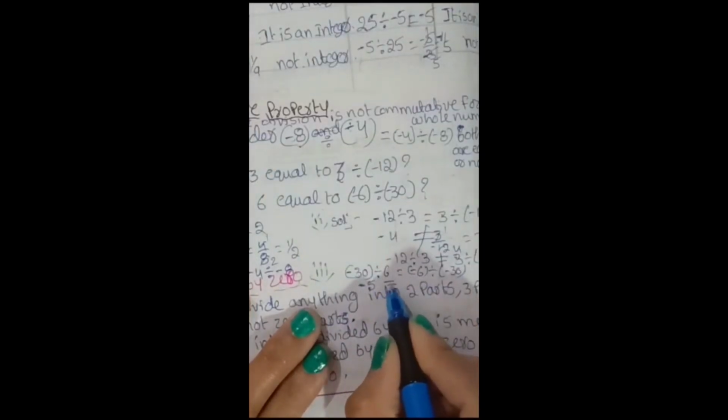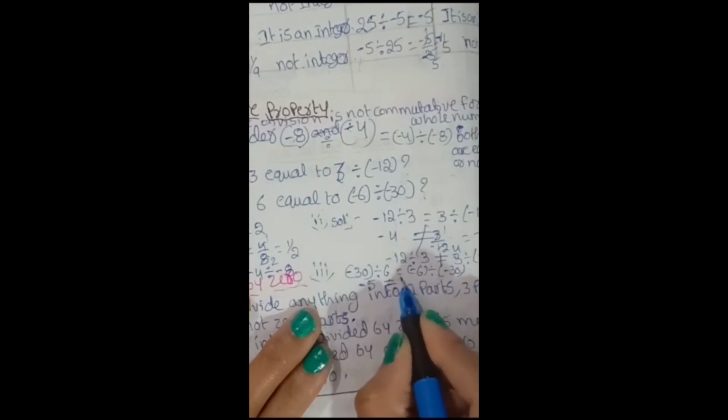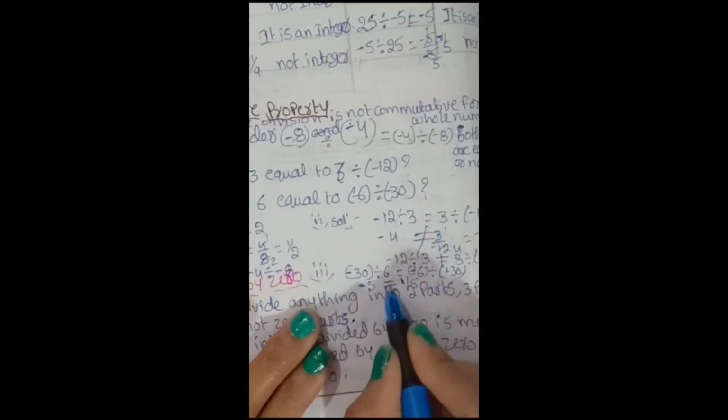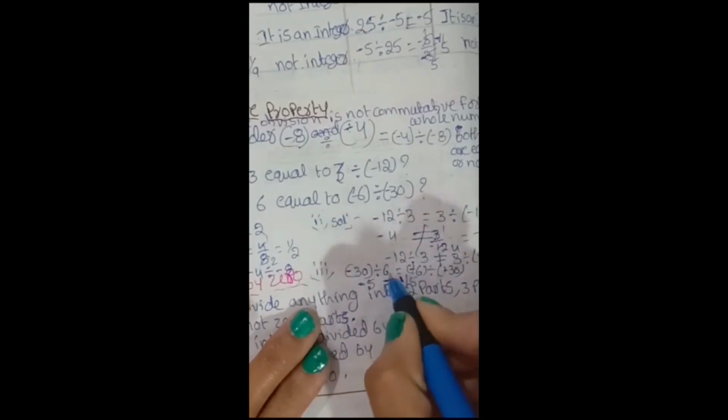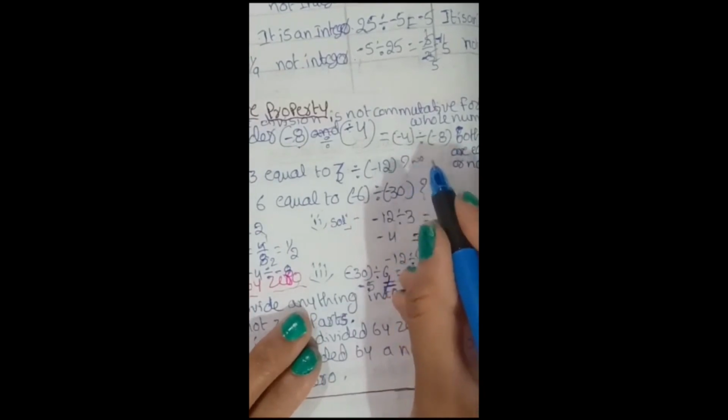RHS is 6 by 30, and minus into minus is plus, so it is 1 by 5. Is it equal? No. So all are not equal, and the commutative property is not satisfied under division. Are you understood, Gagan?